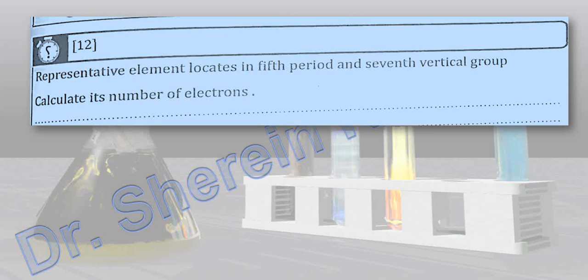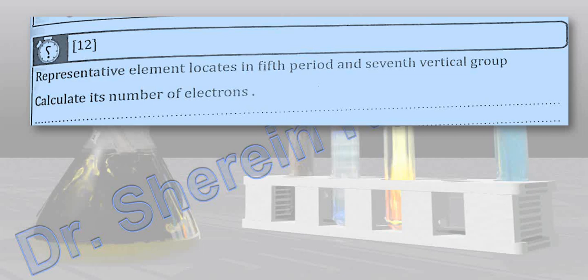K, L, M, N, O. We have the fifth period, starting with 2, and the 7th vertical column, which will end with 7, group 7A.